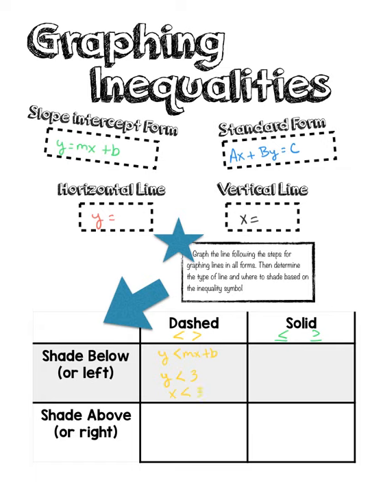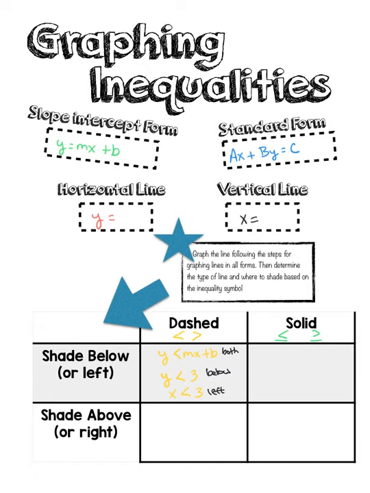So if any of these are less than, you shade below. If it's a horizontal line, it's below. And let me write that down. Below. Left. And both.